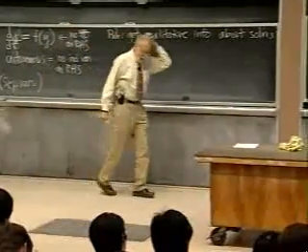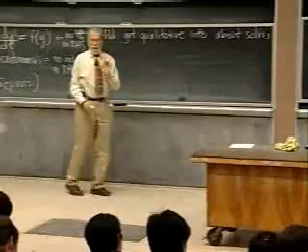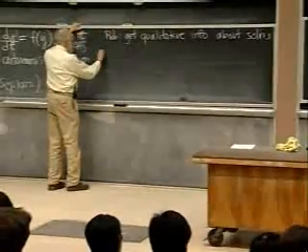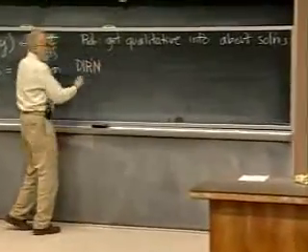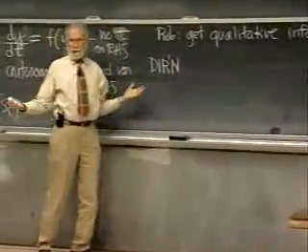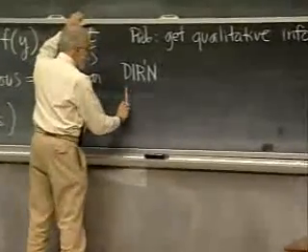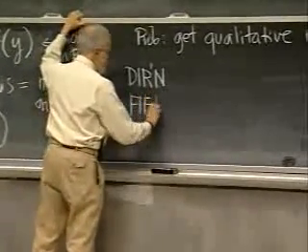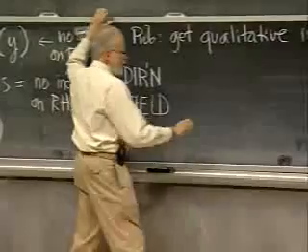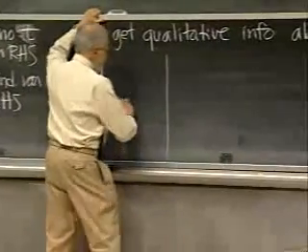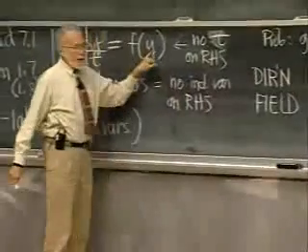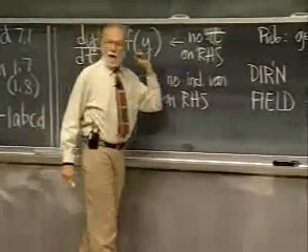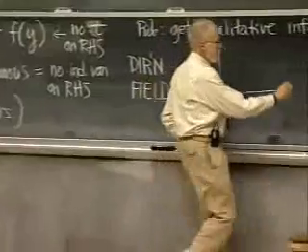Now, to do that, first of all, let's take a quick look at the direction field to such an equation. After all, the direction field is our principal tool for getting qualitative information about solutions. So how does the direction field look? Well, think about it just for a second, and you'll see that every horizontal line is an isocline.